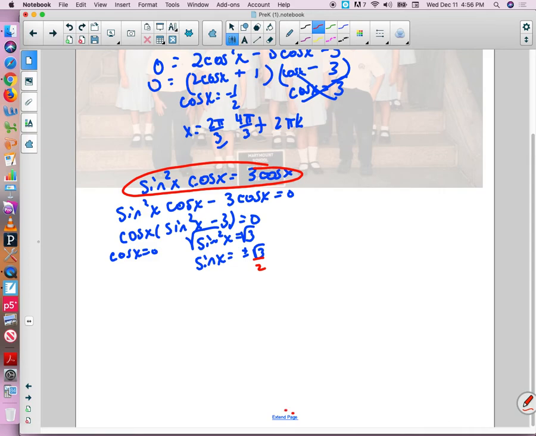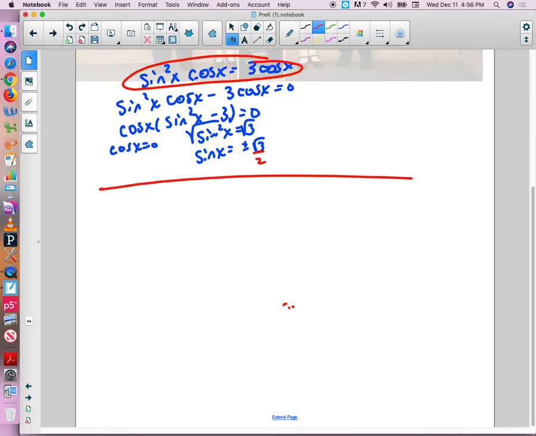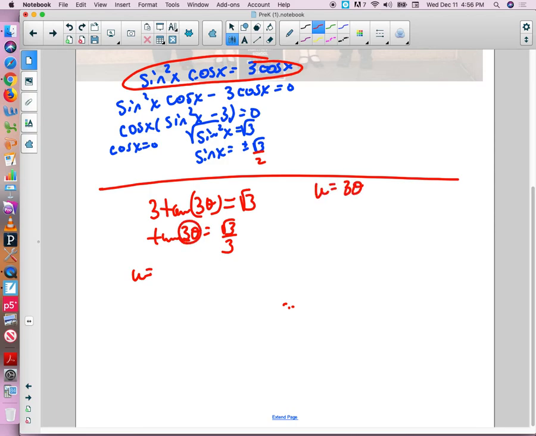And then you might have these things where you have to go around more than one time. Like if I say find all the answers of 3 tangent 3 theta equals root 3. So I'm going to say tangent 3 theta equals root 3 over 3. And then I'm going to let u be 3 theta. And let's say the instructions are 0 to 2 pi.